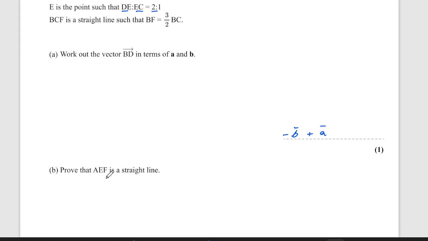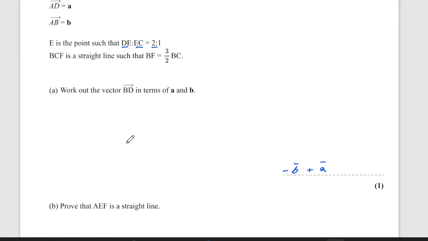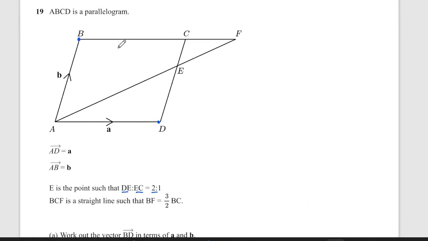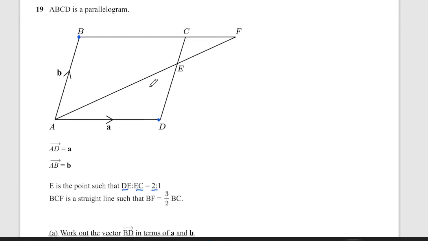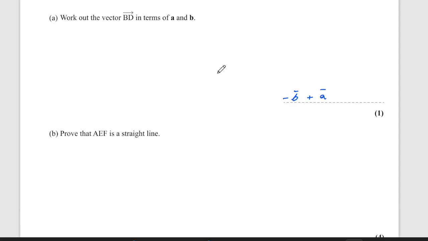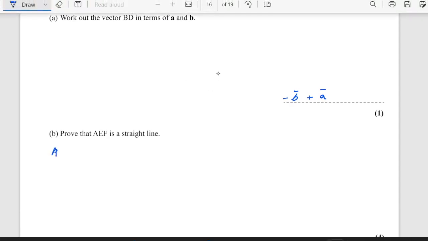For the final one, prove that AEF is a straight line. To do this, I'm going to try and work out A to E and A to F and show that one is a multiple of the other.